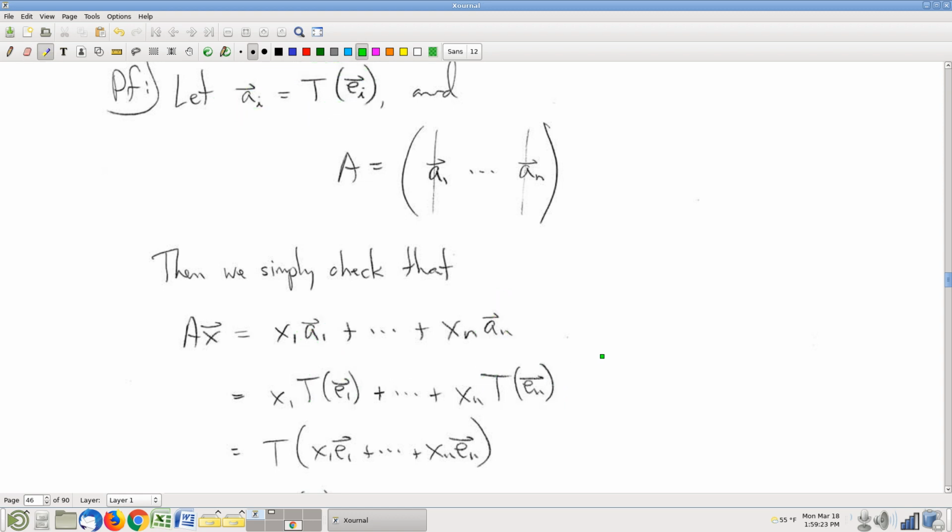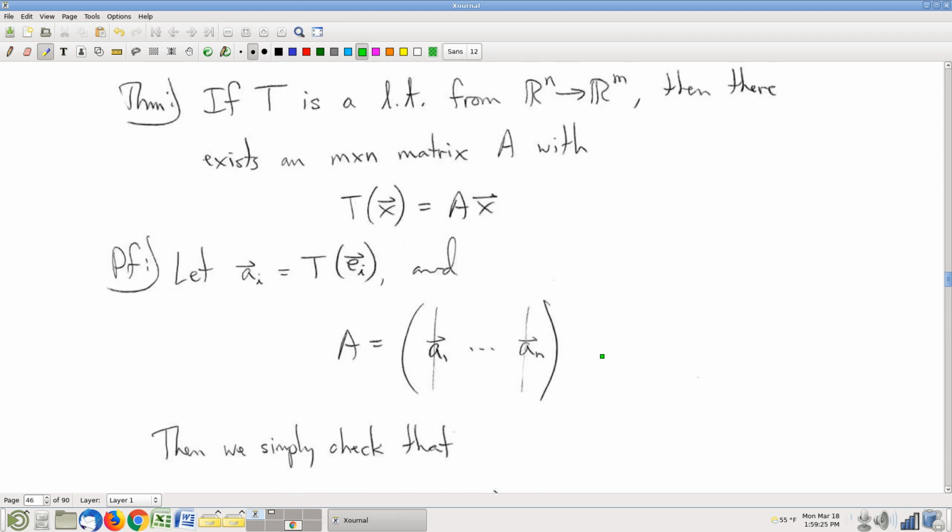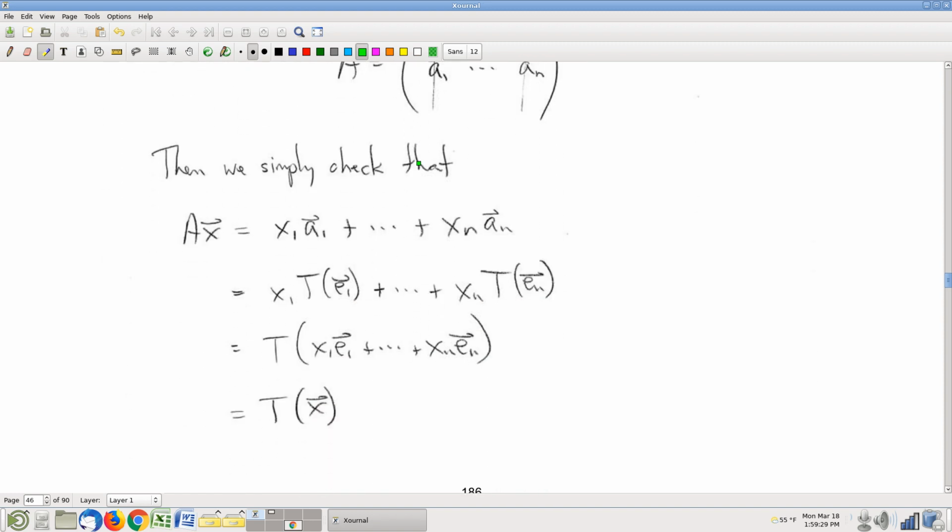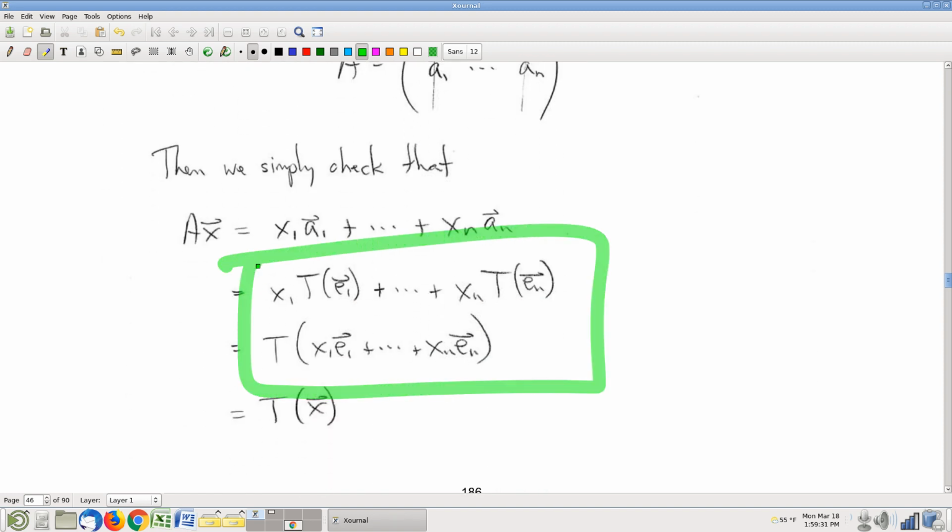Now, don't forget we're talking about a linear transformation here. T is a linear transformation, and therefore we get to use the linearity property. Note that I have here a linear combination of output vectors. Linear combinations of outputs come from the same linear combination of the inputs. So I can rewrite that as that.